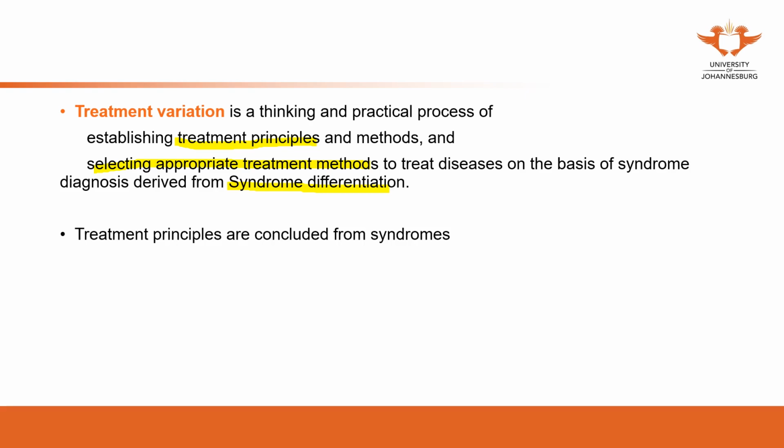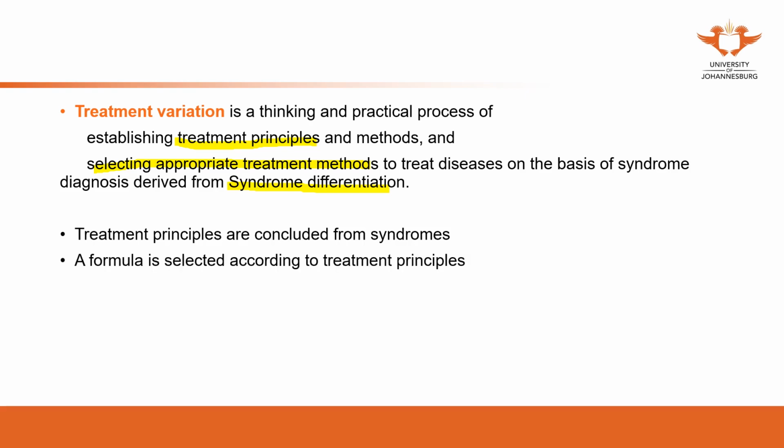The first step, when a patient comes to us, we need to find the symptoms and signs from diagnostic methods and conclude to a syndrome, and then for the treatment, we need to establish the treatment principle from the syndrome and select the proper treatment method according to the syndrome.